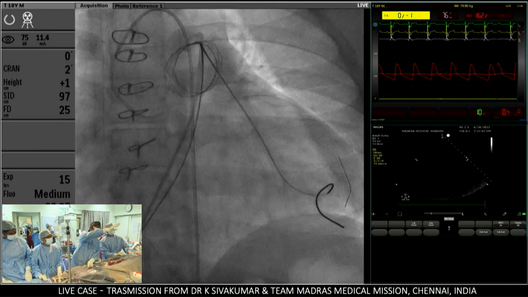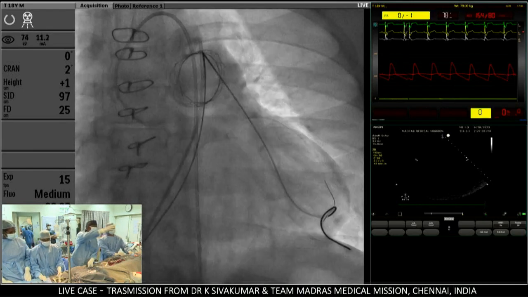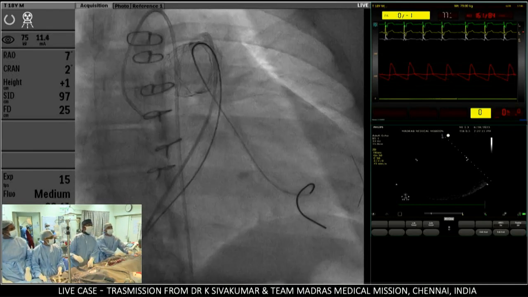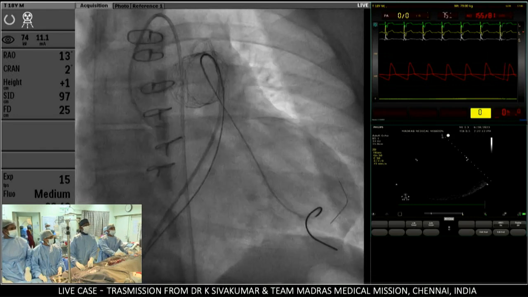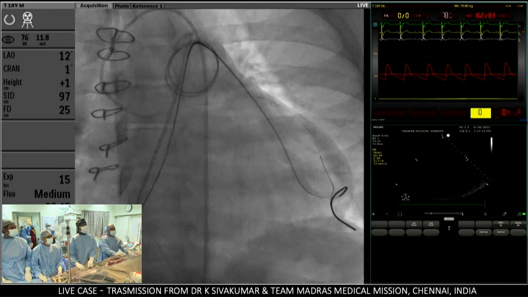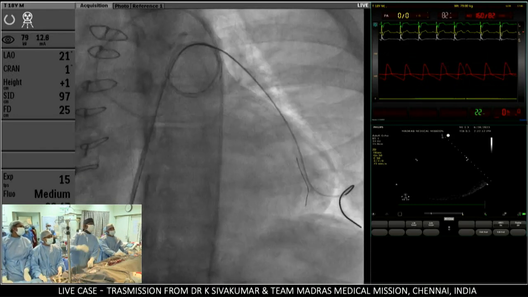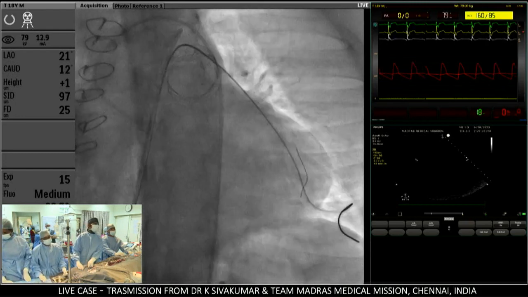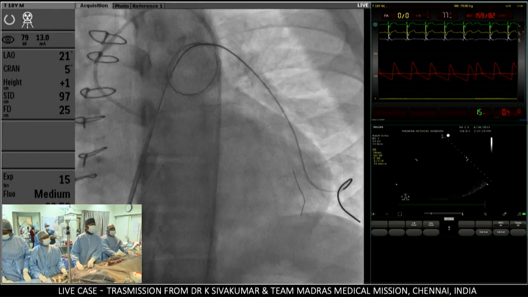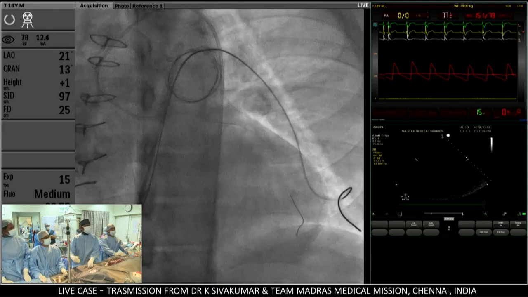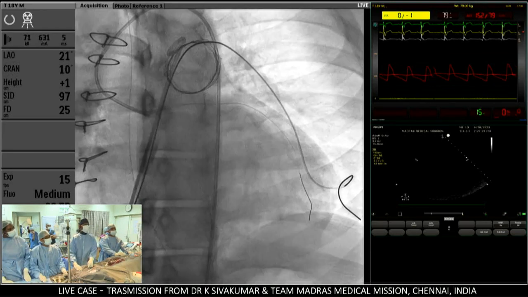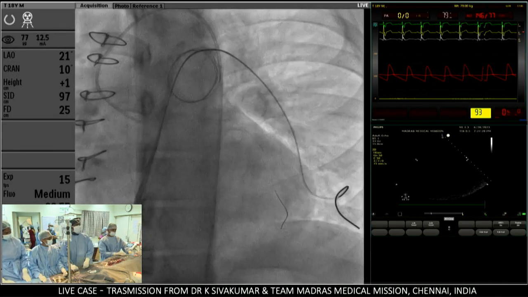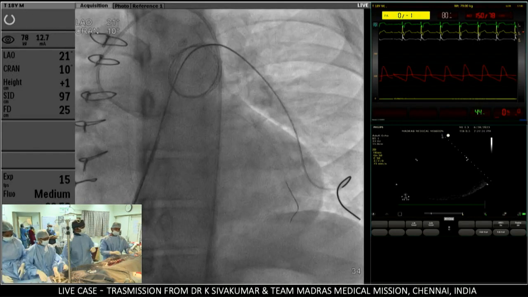Can you come to a little RAO, little LAO, LAO further, enough. A little caudal, a little cranial. Okay, that's no, let's reduce. Yeah, it's not bad. It's not too eccentric.